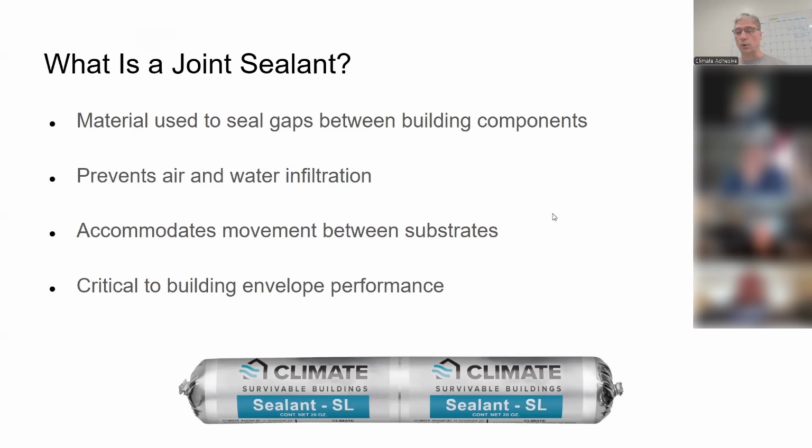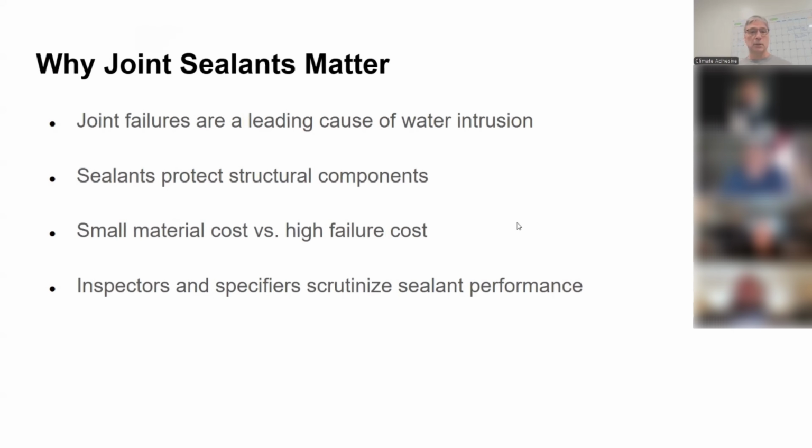Obviously, water always wins, so if you get water infiltration long enough, you're going to have damage problems. So they matter because they're a leading cause of water infiltration. Obviously, we're sealing to keep water and air out. They also protect structural components from degradation.